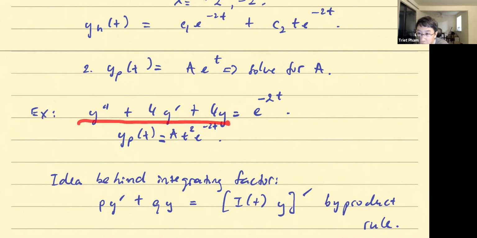Can you imagine a product rule for a second derivative operator? I mean, not that you cannot, it's just that I'm not aware of one that can be easily fit into this to begin with, right? You understand what I'm trying to say?